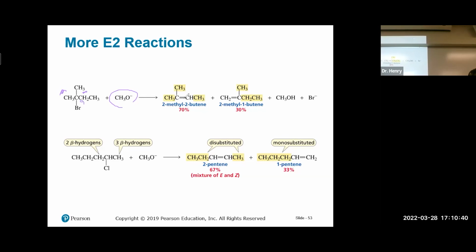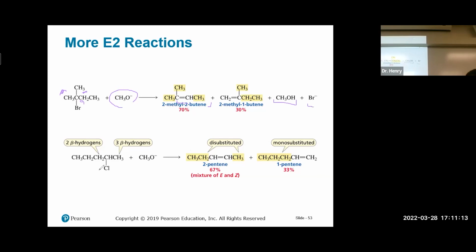So a double bond is going to favor, again, being in the middle compared to being at the terminal end. Okay, so 30%, 70%. Then our product is going to be, we're going to be plucking the hydrogen off, so we're going to get a product of an alcohol and then our bromide ion.